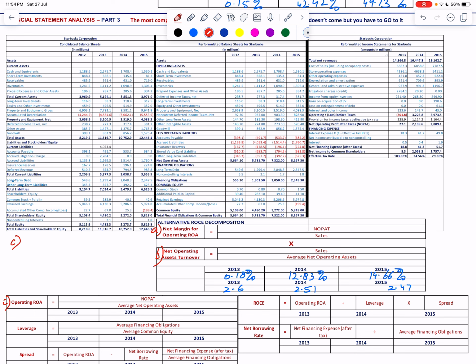So operating return on assets is equal to net operating profit after taxes, and here it is 2809.1, 2809.1 divided by, once again, the average common equity and the average net operating assets.